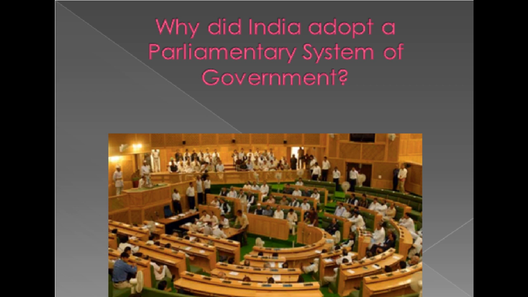The parliamentary system of government in India is also in a way a product of the freedom movement. Because they had a parliamentary system, our Indian freedom fighters always put their petitions in it, asking for freedom and independence. Then this matter would be discussed in England itself.